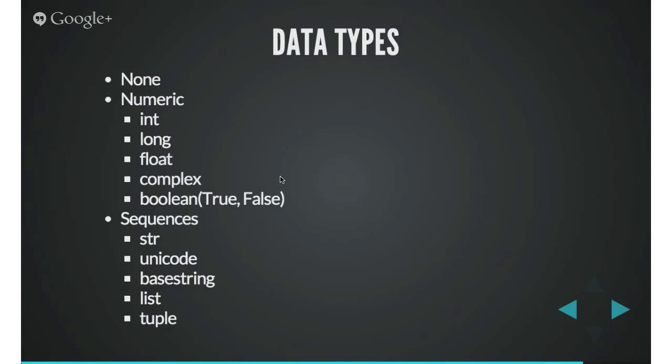So the numeric types are integer, long, float. We also have complex numbers. I don't know who uses it, but we still have complex numbers. Has any one of you used complex numbers in your code in Python? What did you use it for? Writing some formulas of circuits.